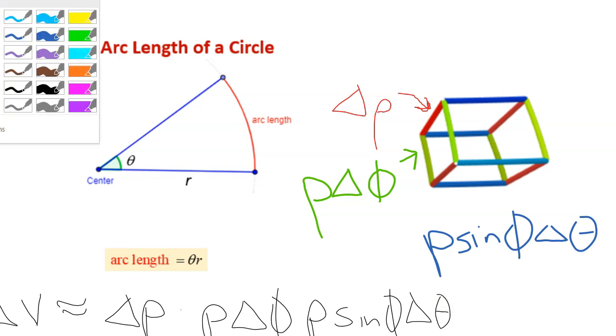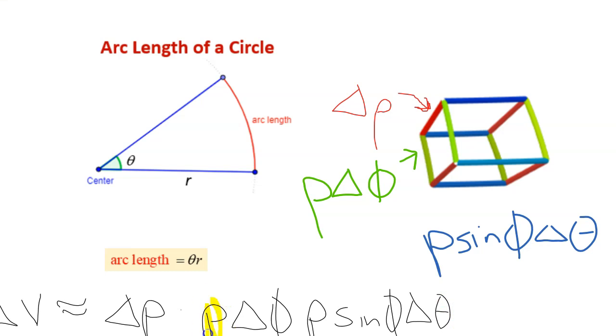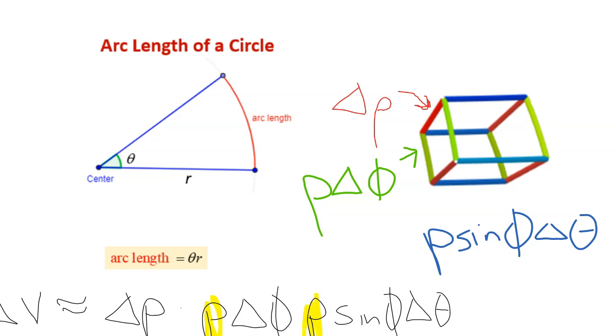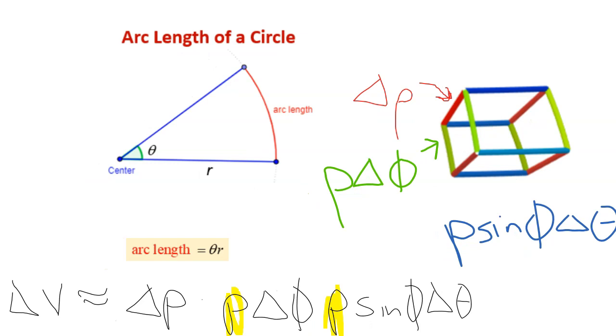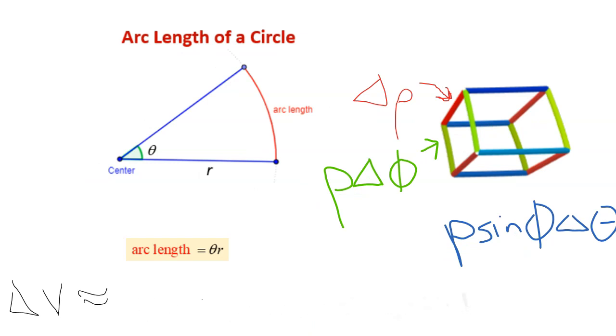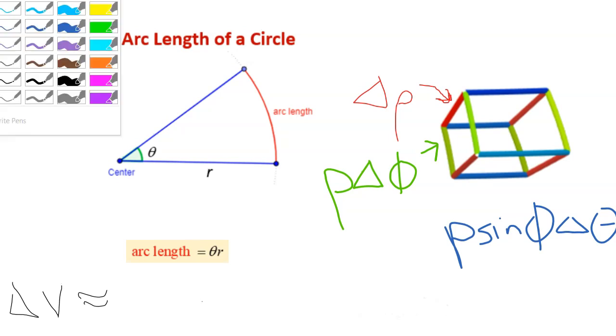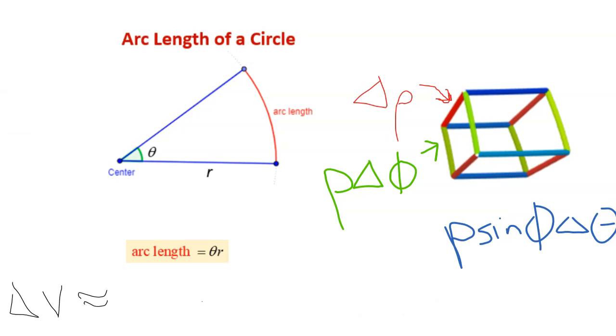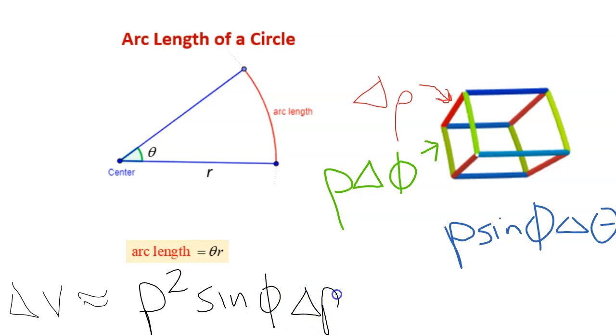And if you look, we got a couple of rhos in here that are on their own. They're not delta rhos. So to clean this up, the way we write it is rho squared times the sine of phi times delta rho delta phi delta theta.